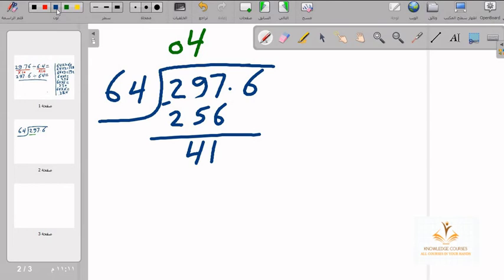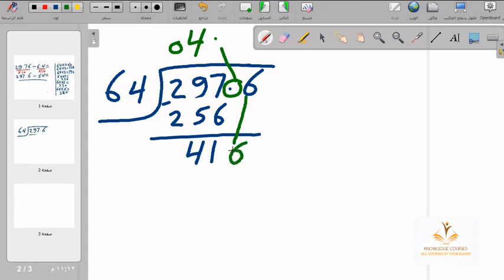This is the decimal point. Put it up. And move the next number down.